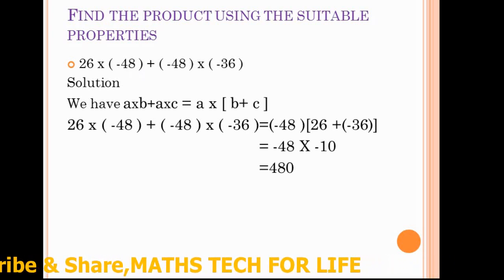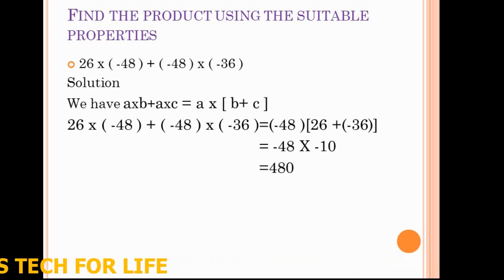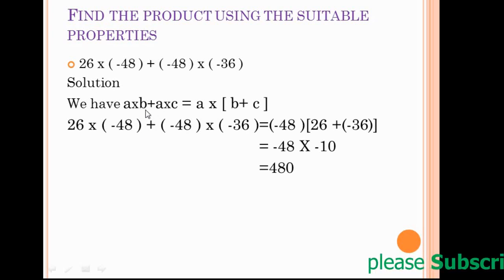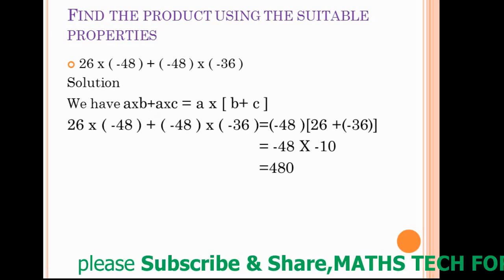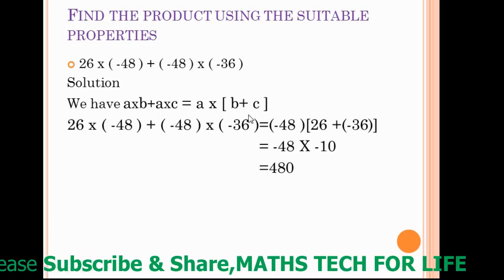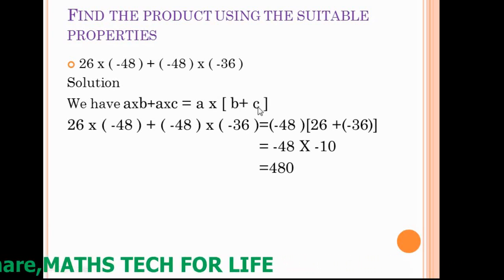So first we want to use a property. We already learned the distributive property, that is, distributivity of multiplication over addition. Here a multiplied by b plus c is a multiplied by b plus a multiplied by c.